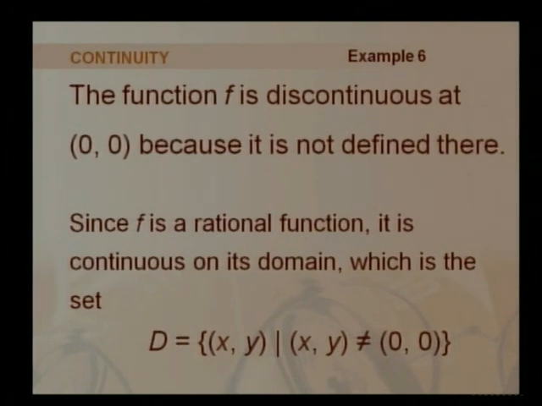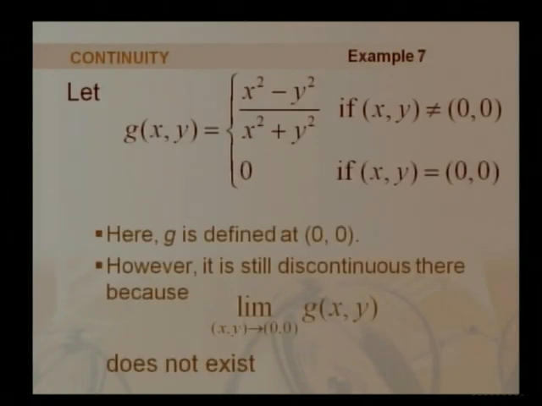The function f is discontinuous at (0, 0) because it is not defined there. Since f is a rational function, it is continuous on its domain, which is the set of all (x, y) where (x, y) is not (0, 0).